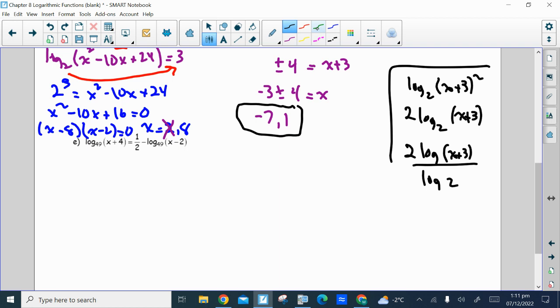Okay, question E. Again, I would start by combining the logs together, in this case by adding log base 49 of x minus 2 to both sides.